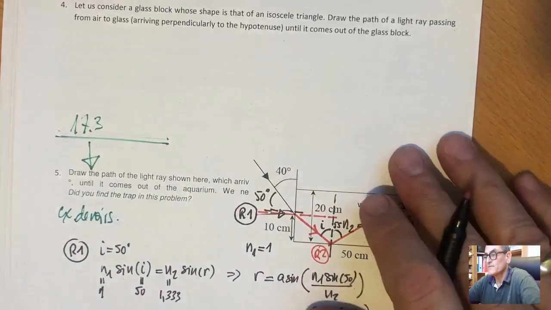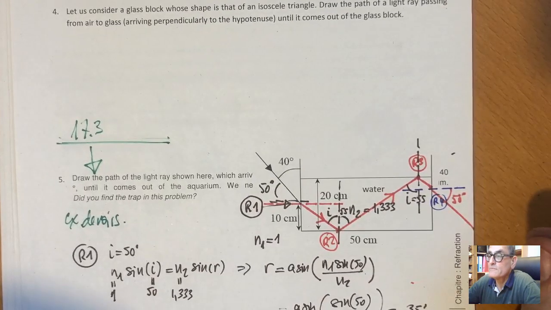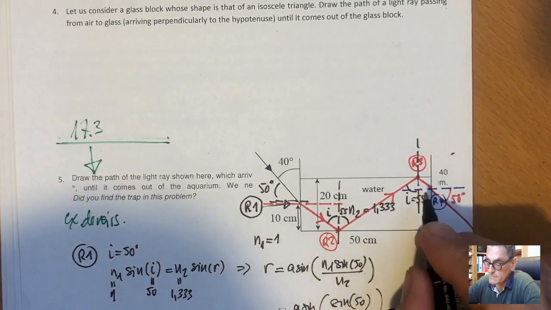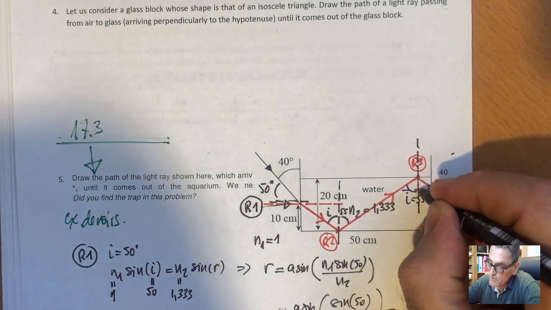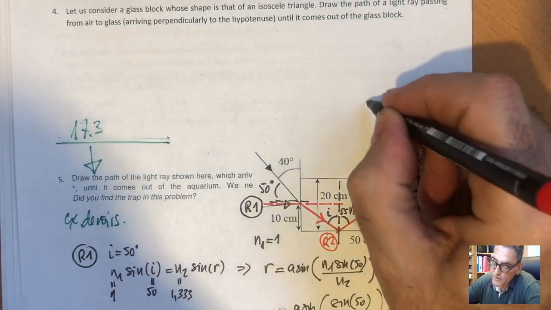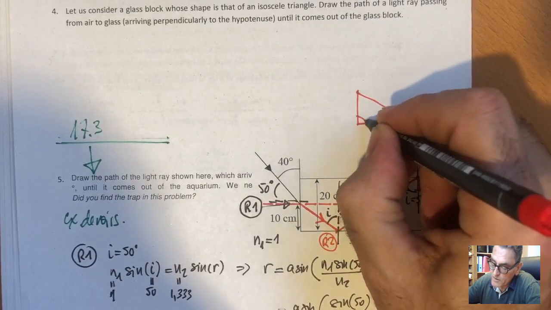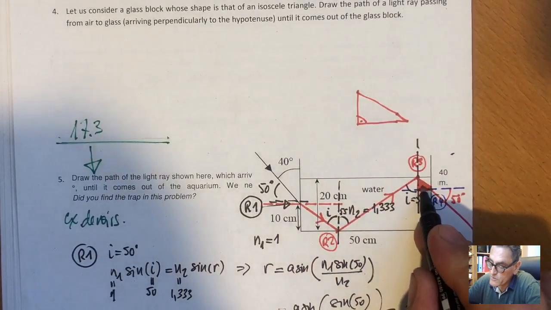And how did we find the 35 for the last one? Well, you have to look at this triangle here. If I do it a bit bigger, what are the angles? This is 90 degrees, of course.